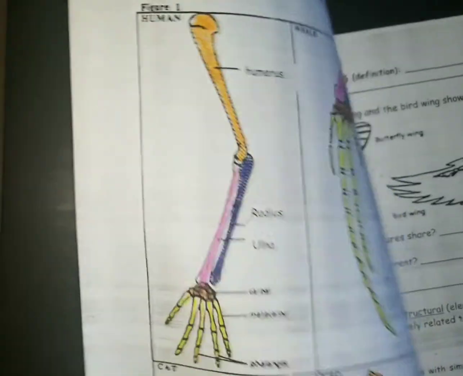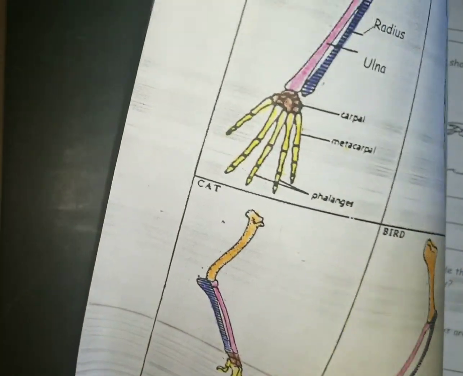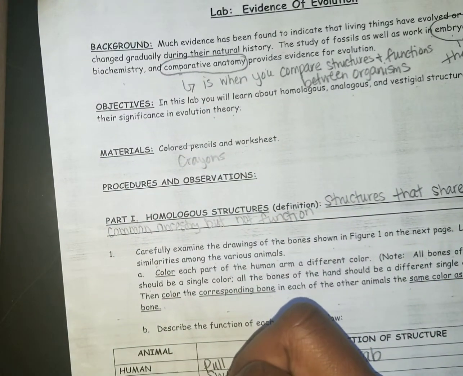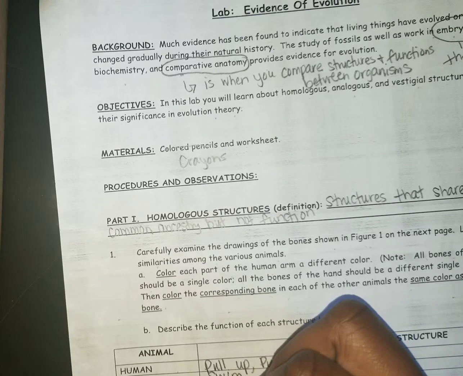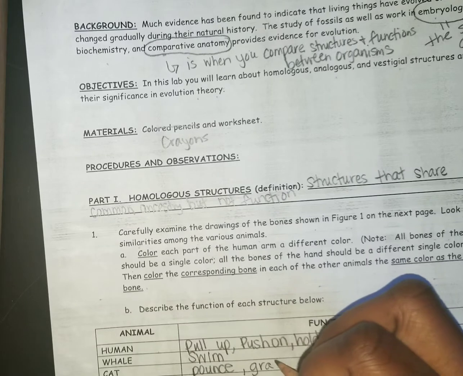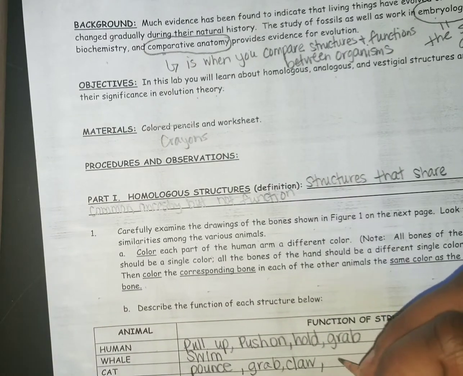Okay. Then we have the cat, basically their arm and paw. And they pounce on items. Pounce, I think that's how you spell it. They grab or claw, walk.